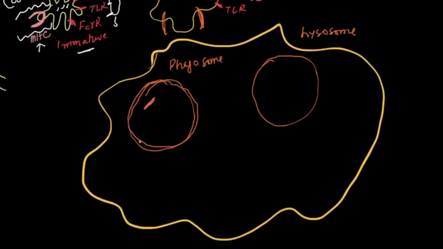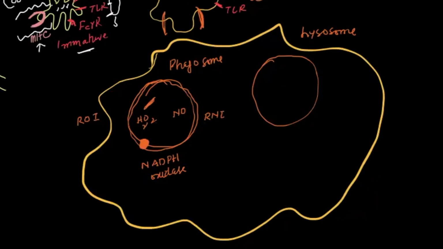And one of the things they will do is, in their phagosome membrane, there is an enzyme which is called NADPH oxidase, and that will help in the production of H2O2, hydrogen peroxide. So these are reactive oxygen intermediates, and they also produce nitric oxide, and these are called reactive nitrogen intermediates.